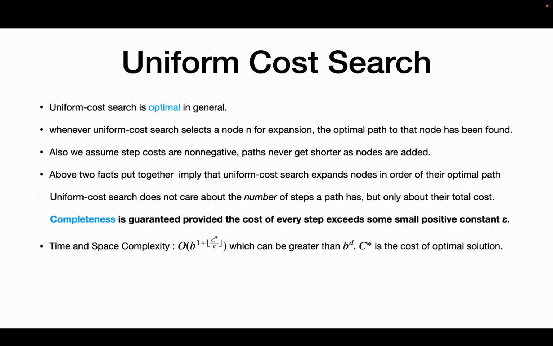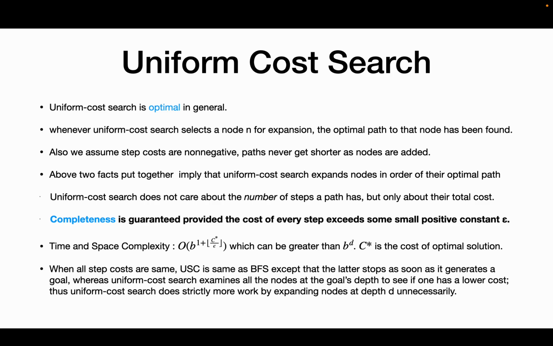So we divide C star by epsilon. C star is the total cost, and epsilon is the smallest positive constant cost. When you divide it, it gives the total number of edges, and this is way above b power d, which we have seen in the previous breadth first search.